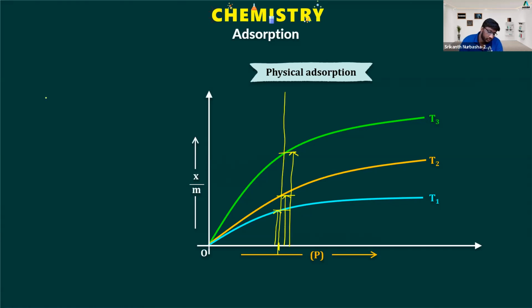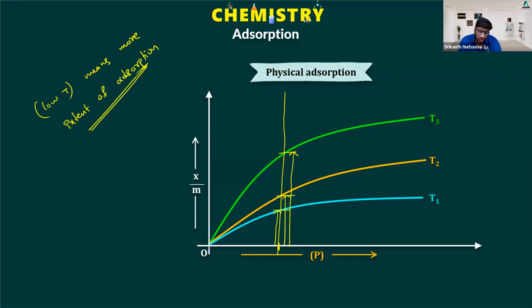The extent of adsorption is greater when the temperature is lower. Low temperature means more extent of adsorption. When the temperature is low, the extent of adsorption will be high, or I can also say the extent of adsorption is low when the temperature is high.